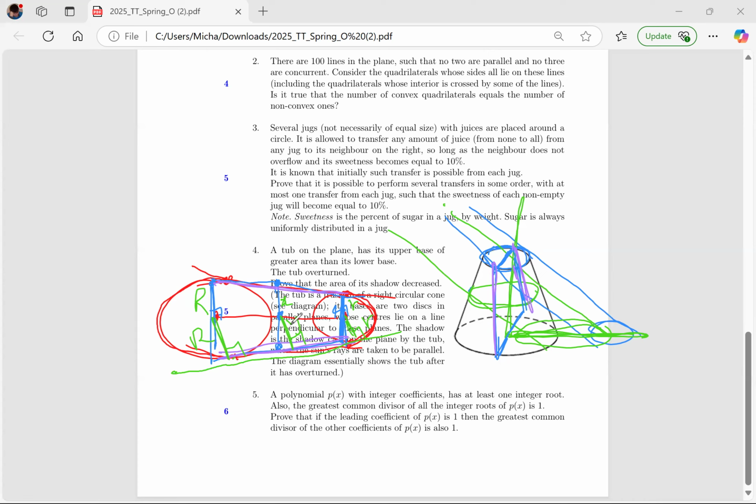How do we do that? Well, we have three parallel lines here. These are all parallel, and these blue lines are parallel too.